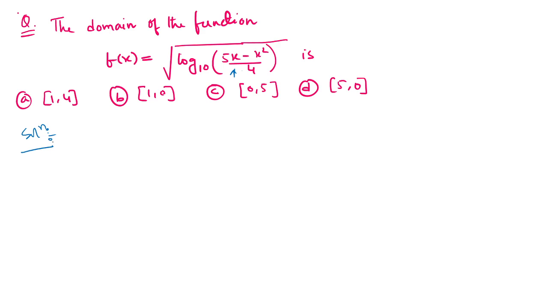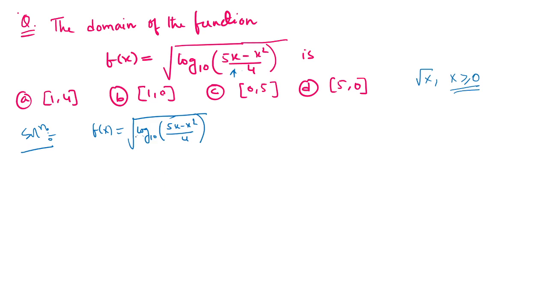Here f(x) is log of 10... Now first of all, we have an under root of x, so first of all x should be greater than or equal to 0, right?